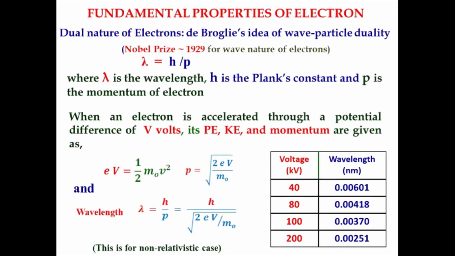Now, if you take a free electron, for students, I always ask, how do you understand an electron? I cannot pose the question, what is an electron? But as a teacher, I can ask, how do you understand an electron? The best understanding is that an electron is a quantum of negative charge. Negative stands for the polarity or sign.